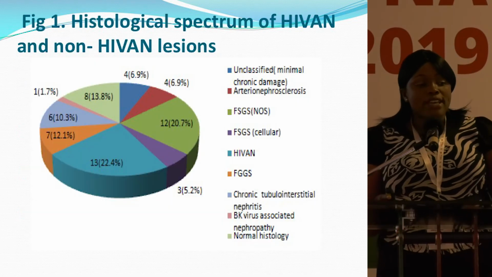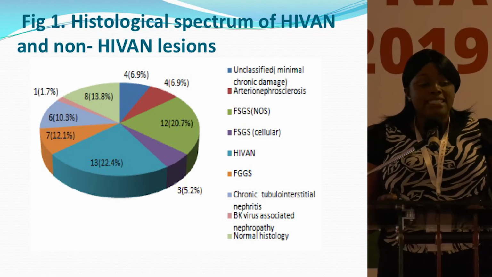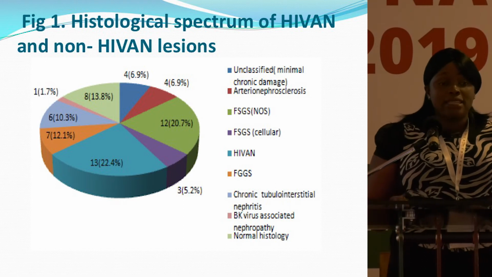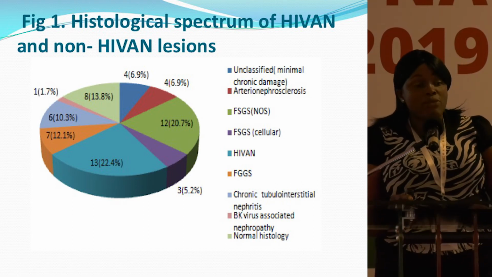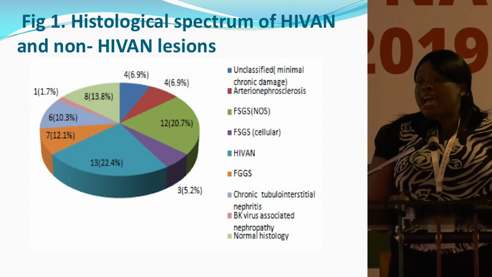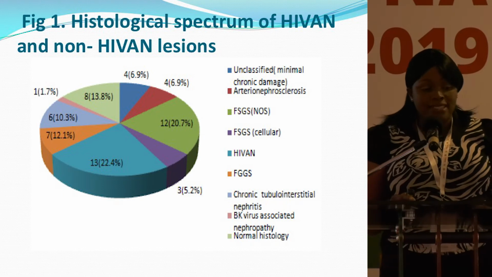This slide shows the histological spectrum of diseases that we found in our patients. You see that HIVAN remained the single most common diagnosis made, but the prevalence is obviously less than what has been documented in most African populations. We had a prevalence of HIVAN of 22.4%.